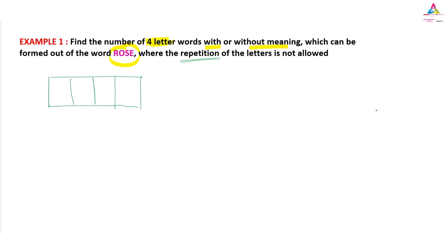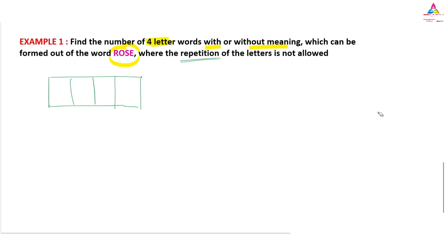If you use that R once, you can't use it again, for example RORS, you can't use R once again, because it is repeating. So you can't use it 3 times, or 4 times either. We have to write it only once, that is, not repeating. Similarly, not only for R, but for O also. We can't repeat O this way. So we have to write it without repeating.